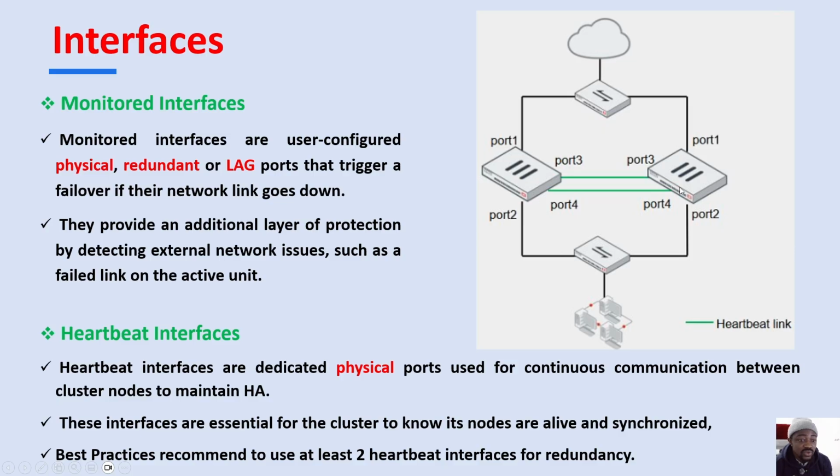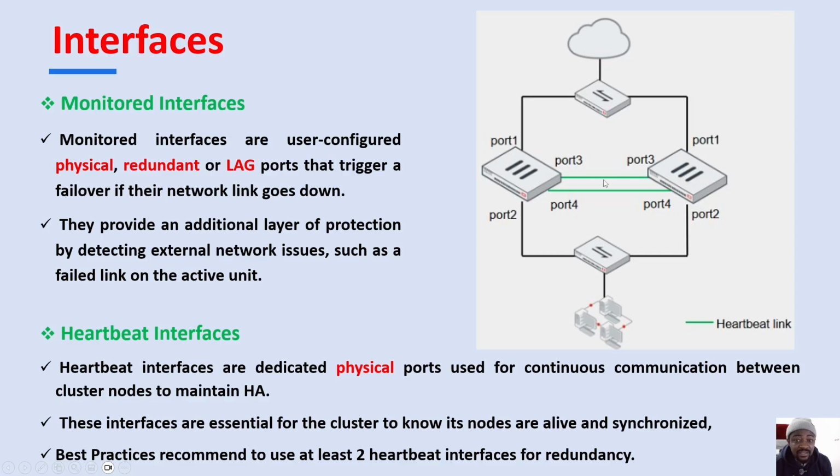Heartbeat, as we explained previously, is used to check continuous communication between the cluster nodes, so each one will use the link to detect if the other one is still alive. Best practices recommend that you have at least two heartbeat links when doing your clustering.